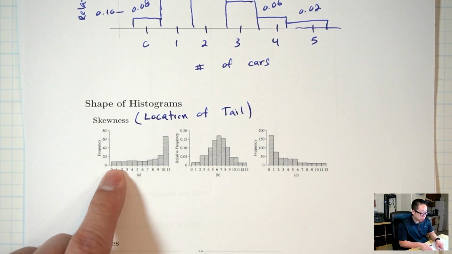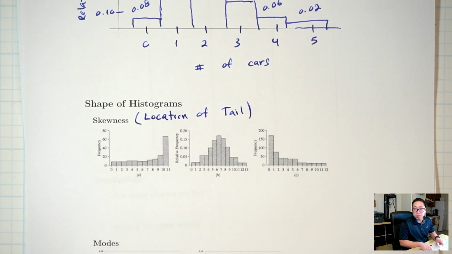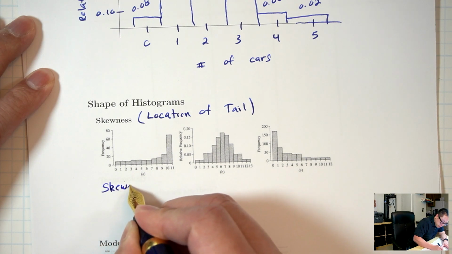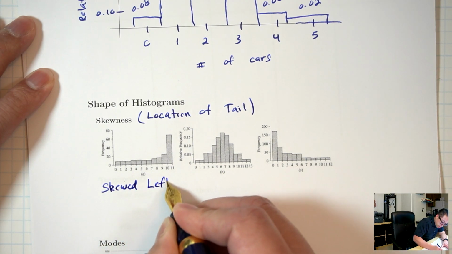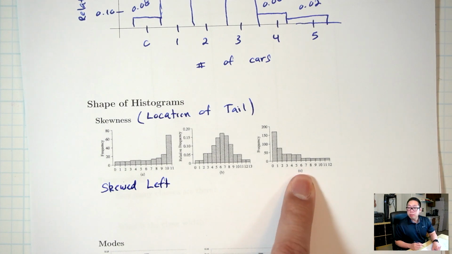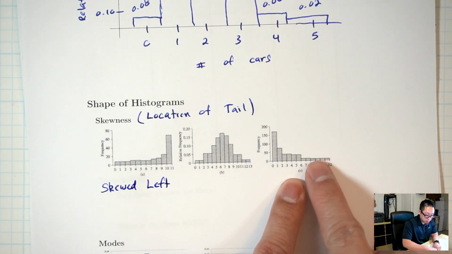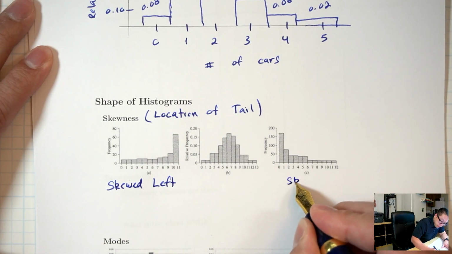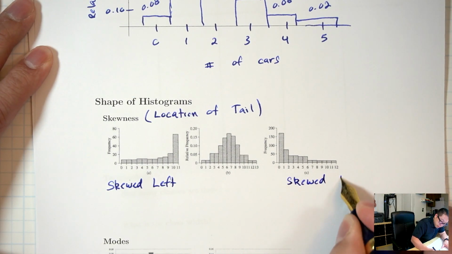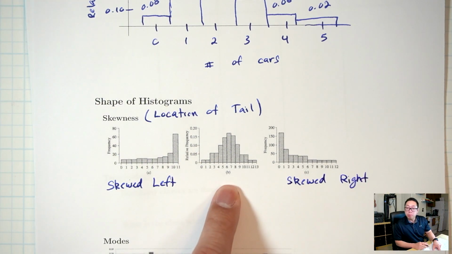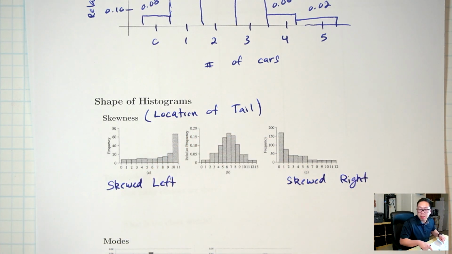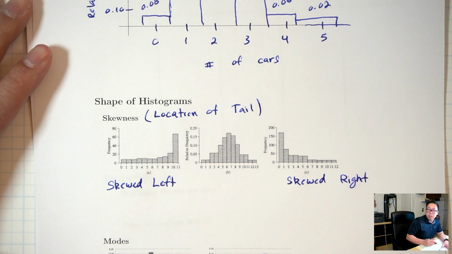So the tail here is on the left side. This is called skewed left. In this picture, the tail is on the right side. This is called skewed right. And then this middle picture, the peak's in the middle, and then you have 2 tails equally on the left side and right side. This is called symmetric.